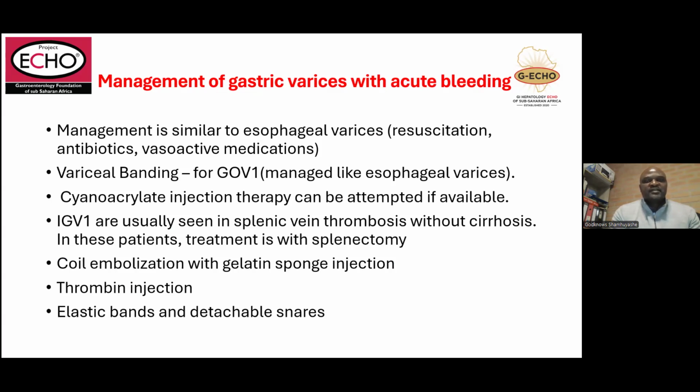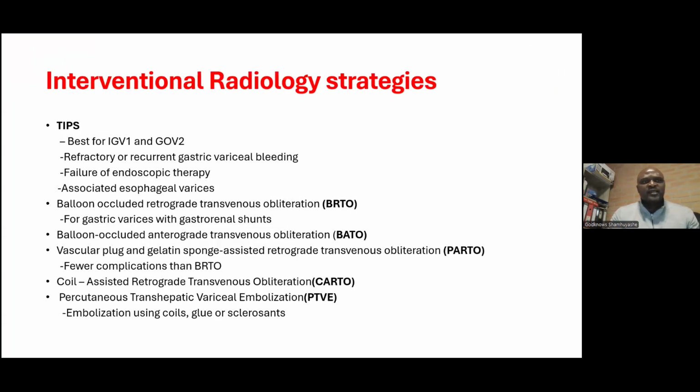Coil embolization with gelatin sponge injection can be used, and also together with thrombin injection and elastic bands and some detachable snares. There are several interventional radiological strategies which you can use for gastric varices.